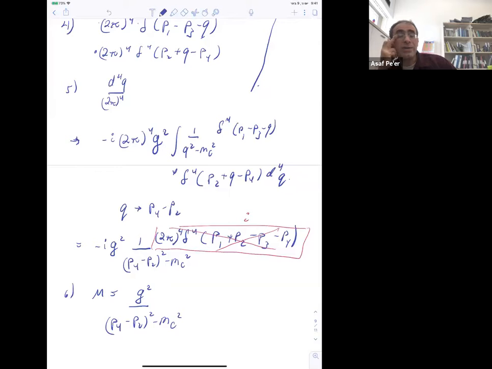Which, by the way, I think I was asked about last time: why do we call the T-channel the T-channel? Because the Mandelstam T variable appears right here.